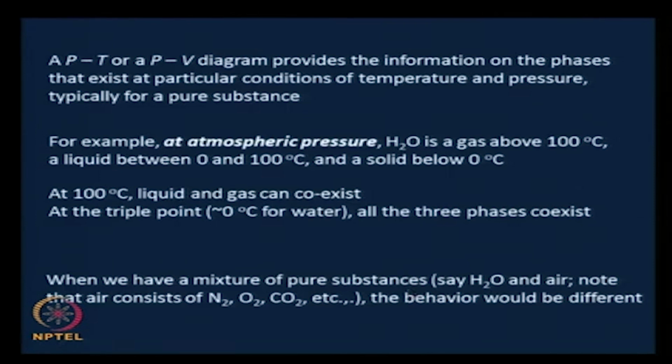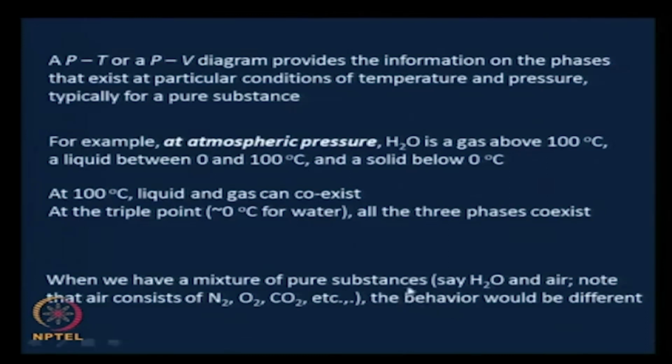Now we need to distinguish this pure substance from what we normally come across, which is a mixture of pure substances. I have given this example before, and just to drive home the point clearly, let me give it again. When we have a mixture of pure substances, say water and air, this is something that we find around us all the time. There is air and there is some water vapor in it. The air itself consists of different species: nitrogen, oxygen, carbon dioxide and so on.